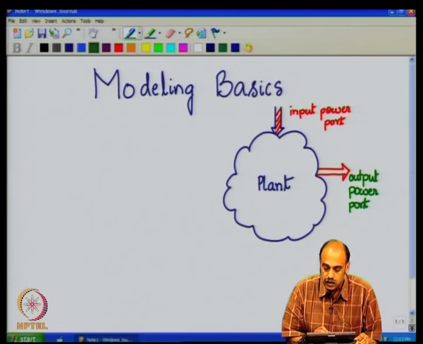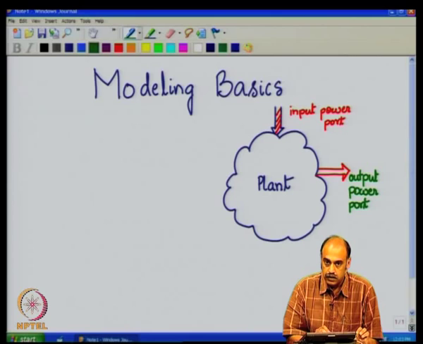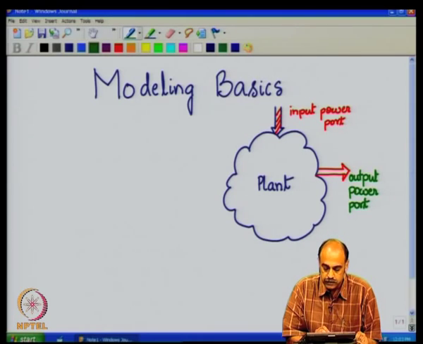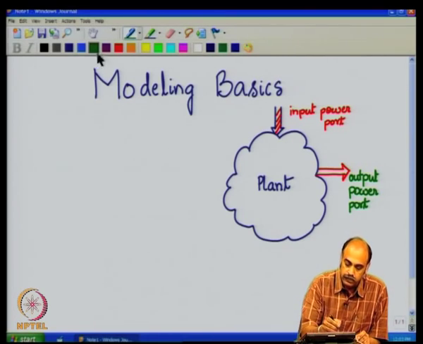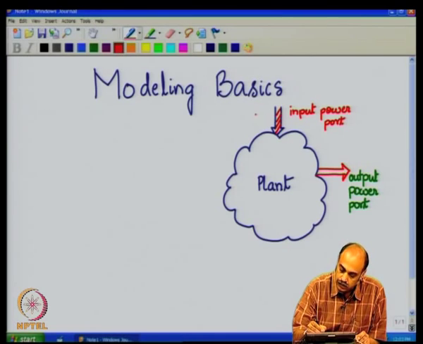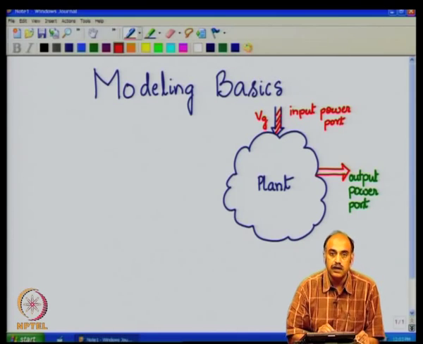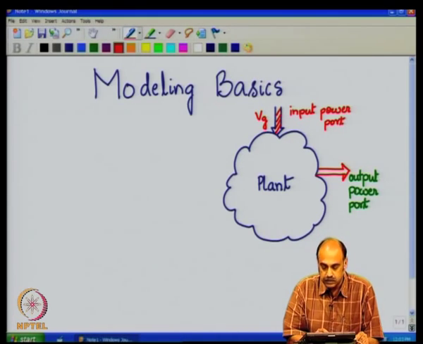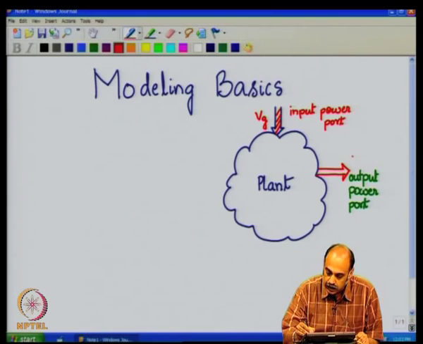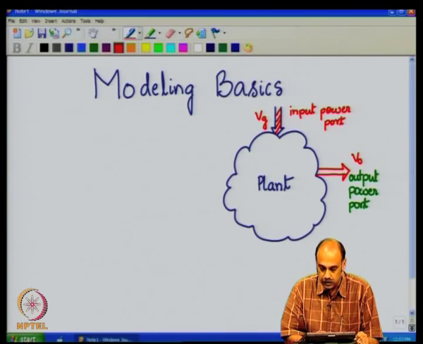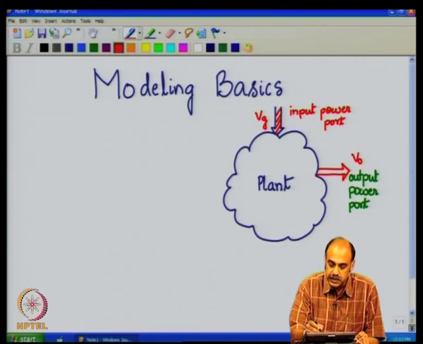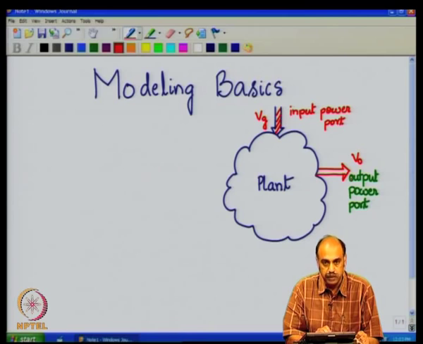These two are the major energy or power level ports in any DC-DC converter. The input is normally obtained from the input DC power supply, which has been termed as VG in the previous classes, and the output is termed as V naught, having a voltage V naught. So, VG IG gives the input power, V naught I naught the output power.